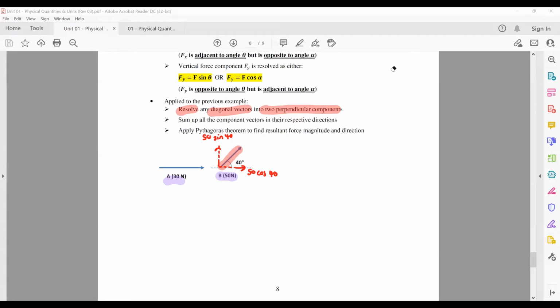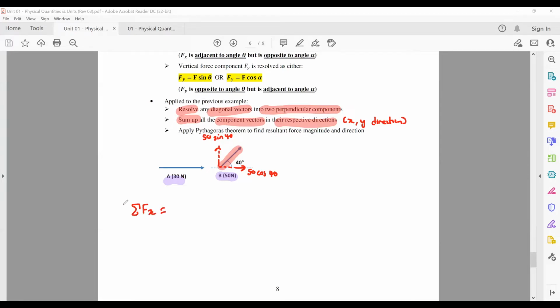Then the next thing you will do is this. You will actually sum up all the component vectors in their respective directions. What we mean by this is in the x and y direction, or the horizontal vertical direction, if it makes it simpler for you to understand. So now what you do is find out the sum of the horizontal forces.